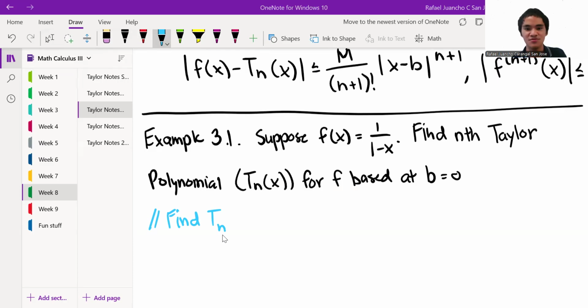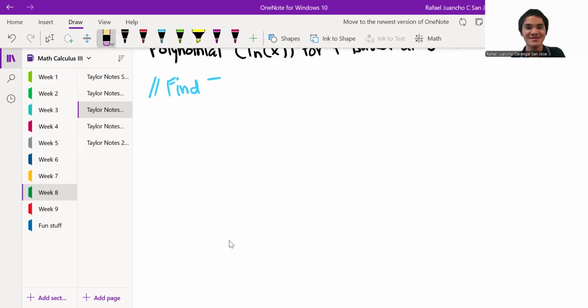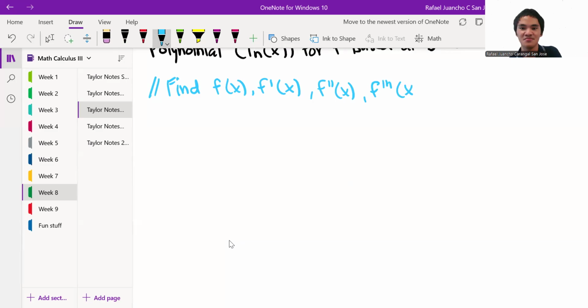So the first thing we want to do is find the derivatives, right? So we want to find f of x, f prime of x, f double prime of x. We keep going. Or okay, sure, maybe even f triple prime. But the idea is to find a pattern.